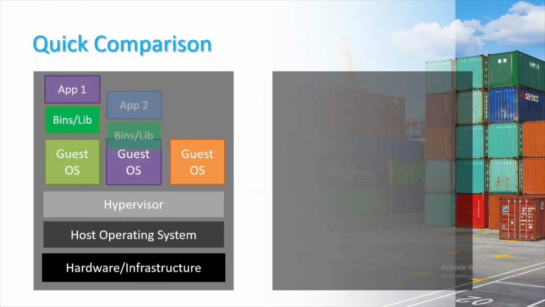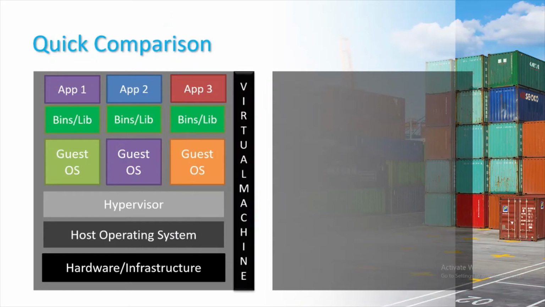In that way we are able to run many apps on a single physical infrastructure, and these are called virtual machines. Virtualization techniques let us run multiple apps on single hardware infrastructure.